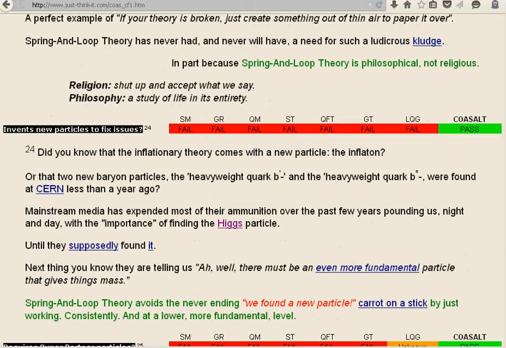Mainstream media has expended most of their ammunition over the past few years pounding us night and day with the importance of finding the Higgs particle, until they supposedly found it. Next thing you know, they're telling us, well, there must be an even more fundamental particle that gives things mass. Spring and loop theory avoids the never-ending, we found a new particle, carrot on a stick, by just working, consistently, and at a lower, more fundamental level.